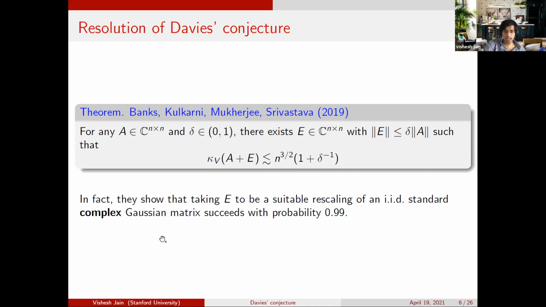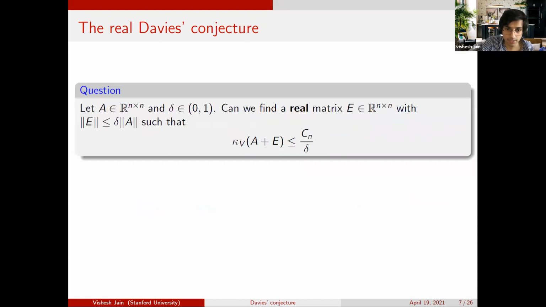Here I put complex in bold because this is kind of important. If you remember, the title of the talk was the real Davies conjecture, and all of the difference is going to be between real and complex Gaussians, right? Okay, so this is what they showed.